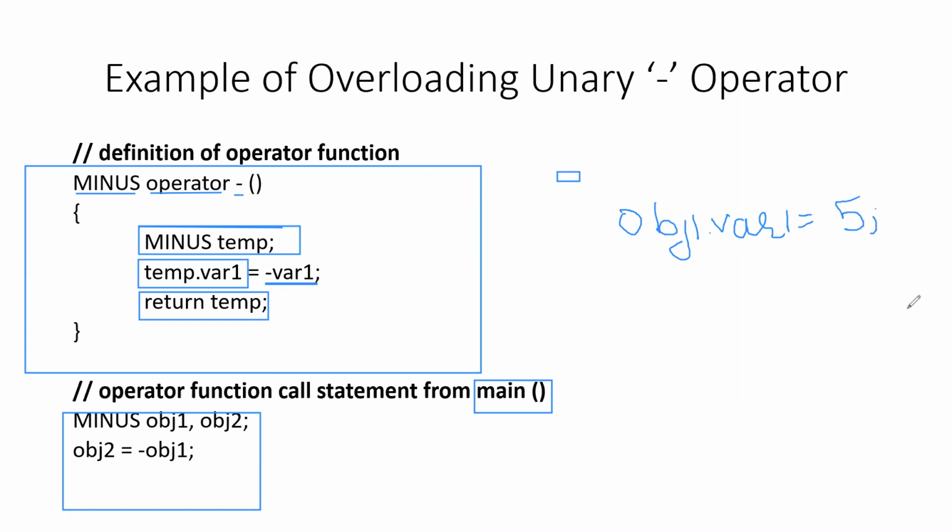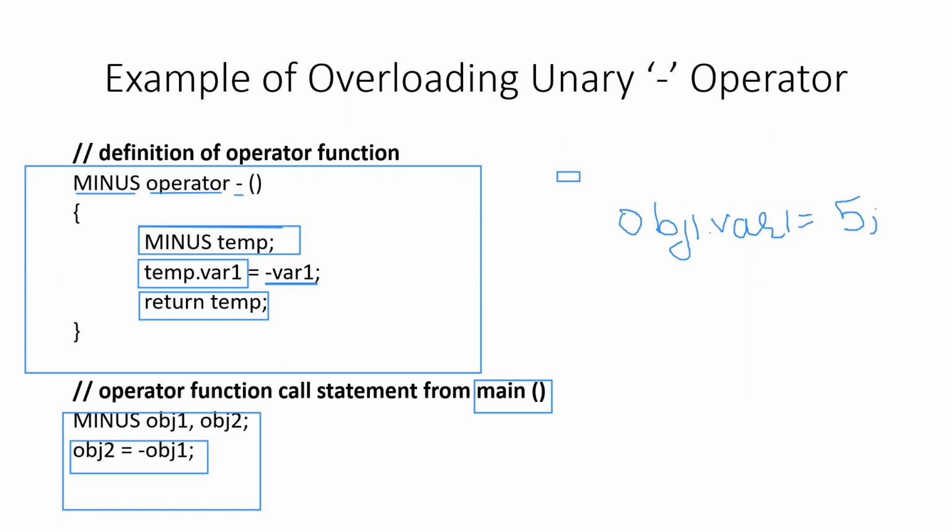Somewhere in your program you must have assigned the input to the variable 1 data member of object 1, which is equal to 5. So this is the most important line in the program, as you can see here. Object 2 is equal to minus object 1.